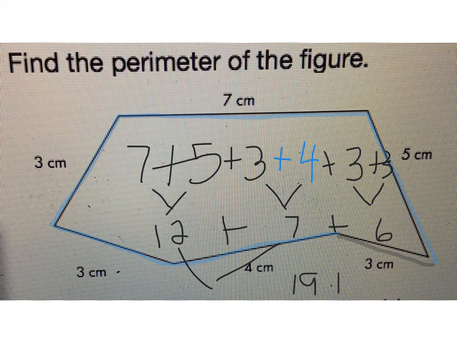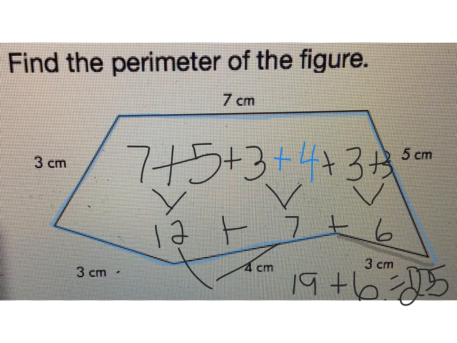And we can't forget the 6 out at the end. So our total, we have 19 plus 6. We have 25.